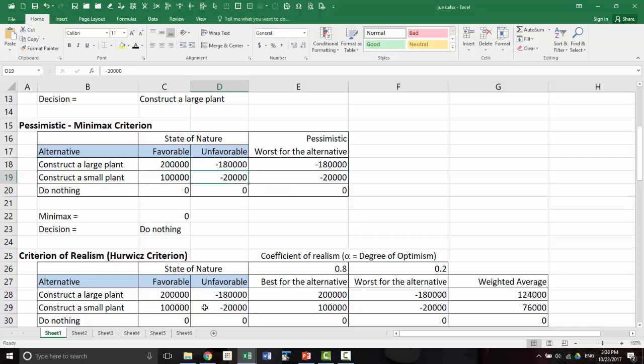You find the utility for minus 20,000, for 100,000, for 0. So now you have a utility table, not a monetary table, and then the analysis is exactly the same as with monetary values. Instead of monetary values, you will have utility values.